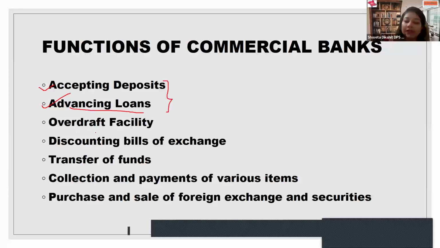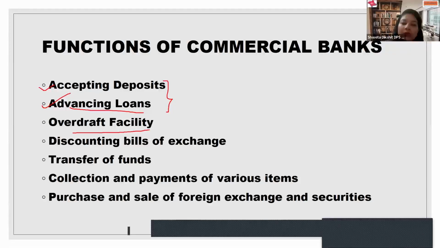Then the overdraft facility. This is a very frequently asked question. Overdraft facility is also one of the primary functions. It is provided to special customers, where the customer can withdraw more than the limit he has in the bank. That means if he has a shortage of cash in his account, he has an option to get a little more money out of the account over the deposits, because the bank wants to oblige the customers.